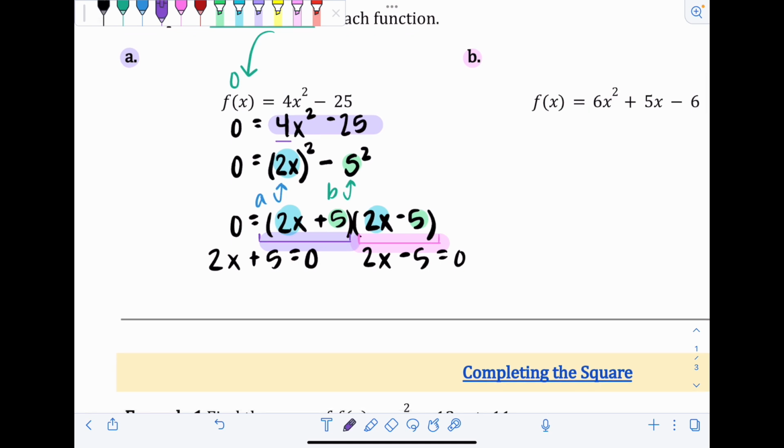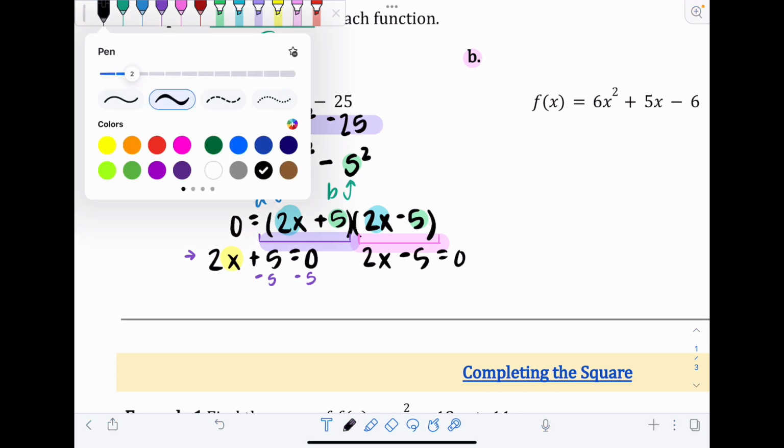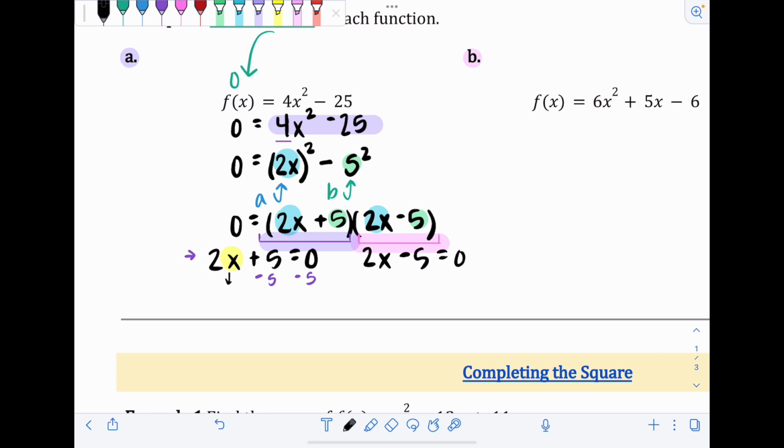I'm going to start with this one right here. If I'm trying to solve for x, I have to cancel the things out that are being done to it. So to cancel out that plus 5, I would subtract 5 from both sides. Then I would bring down the 2x, and 5 minus 5 cancels out. 0 minus 5 is negative 5.